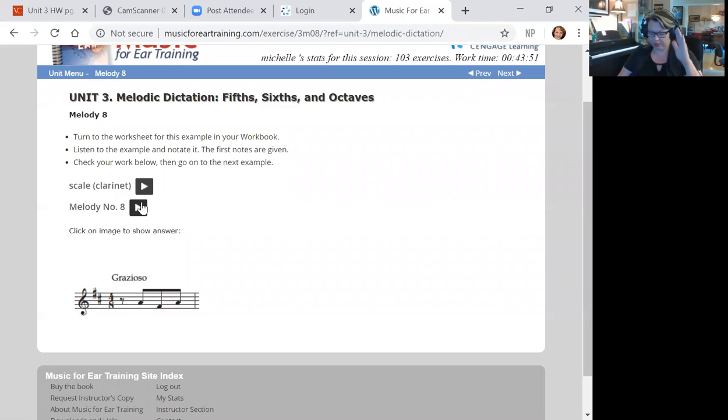So the beginning is sol, mi, sol. That's do. From that do, this beat 1 of bar 2 is do on the 4th line, and then it goes right down the scale after that.